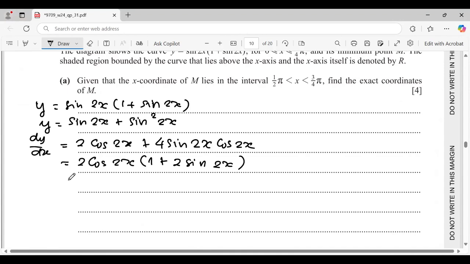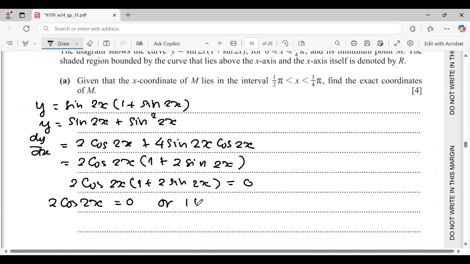So we can write that 2 cos 2x (1 plus 2 sin 2x) equals 0. So there are two solutions: 2 cos 2x equals 0, or 1 plus 2 sin 2x equals 0.